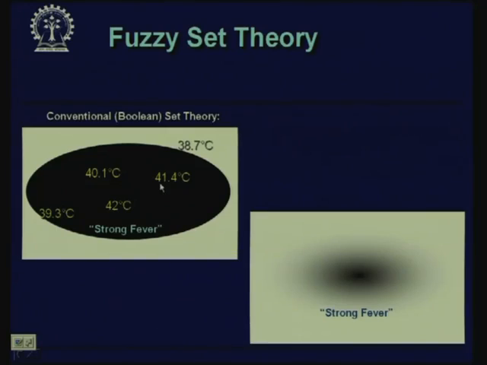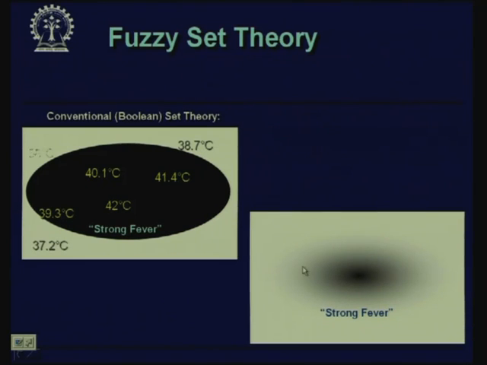And this is a critical term that I have used. It becomes less and less of an element, gradually its belonging to the set is becoming less. Here either an element belongs to the set or it does not belong to the set. It is a binary decision, yes or no.